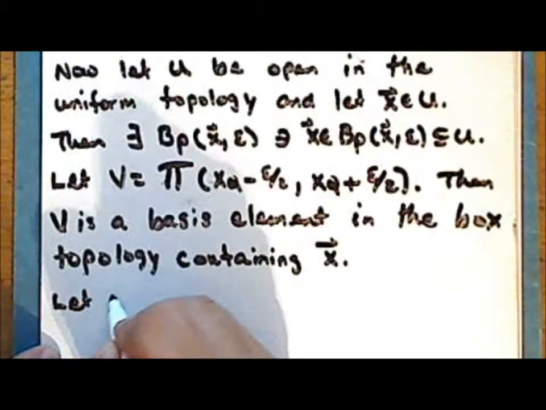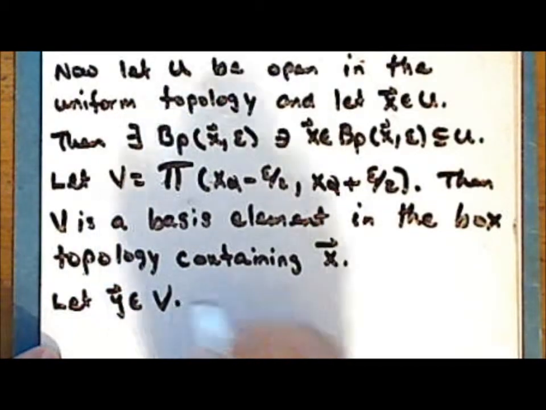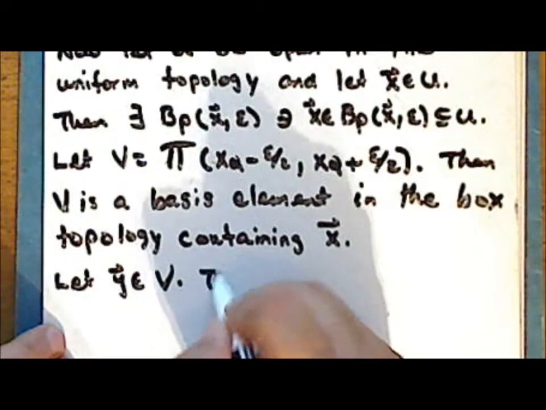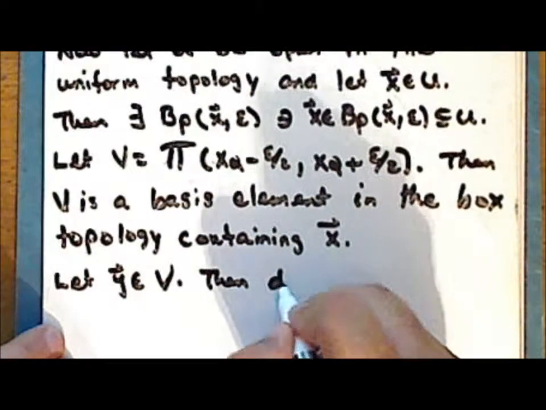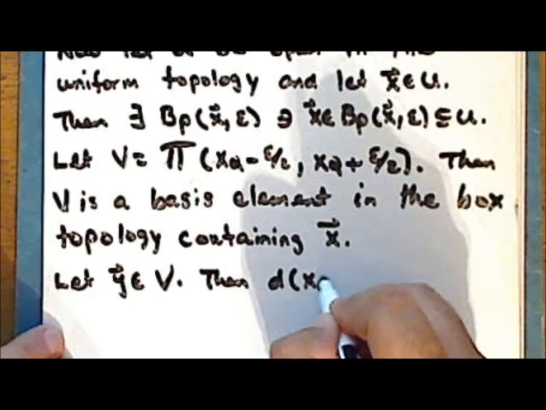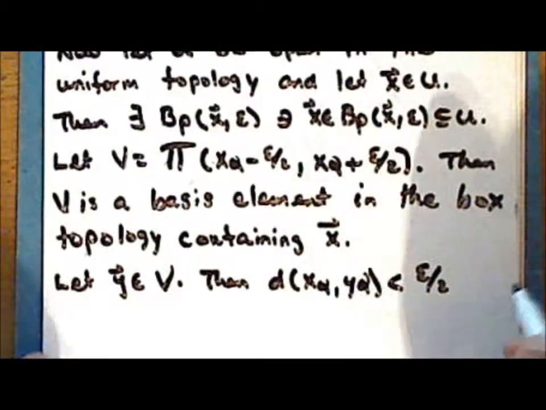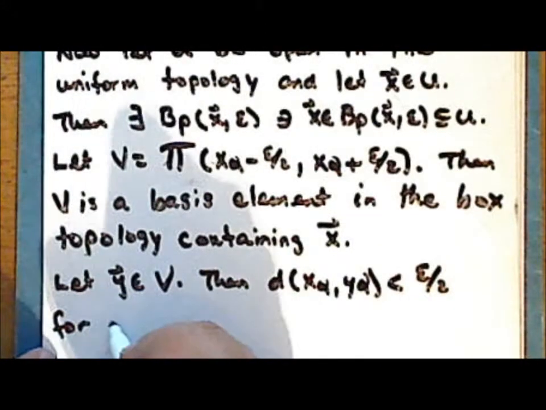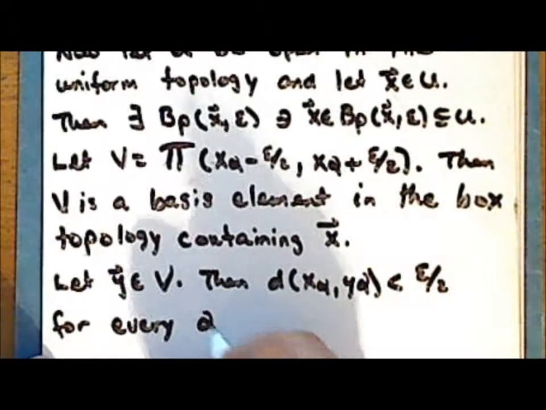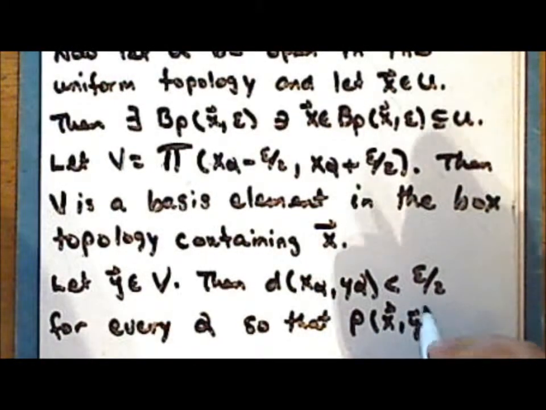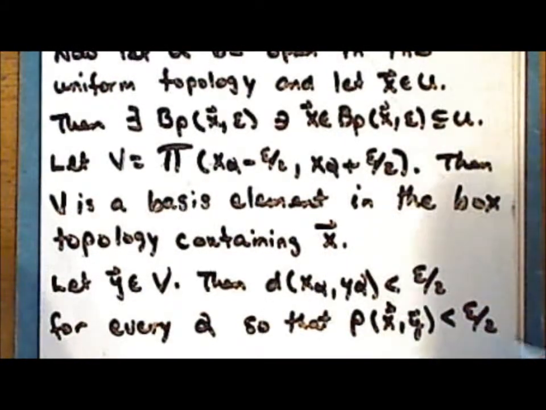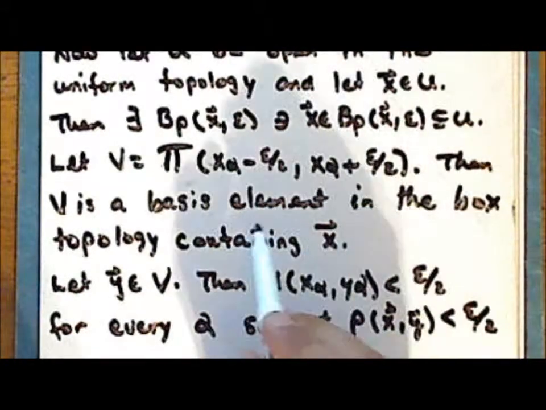So let the point y be in this basis element V. Then the distance in the standard bounded metric from x sub alpha to y sub alpha is less than epsilon divided by 2 for every index alpha, so that rho, that is the distance between x and y in the uniform metric, is less than epsilon divided by 2, which is certainly less than epsilon.